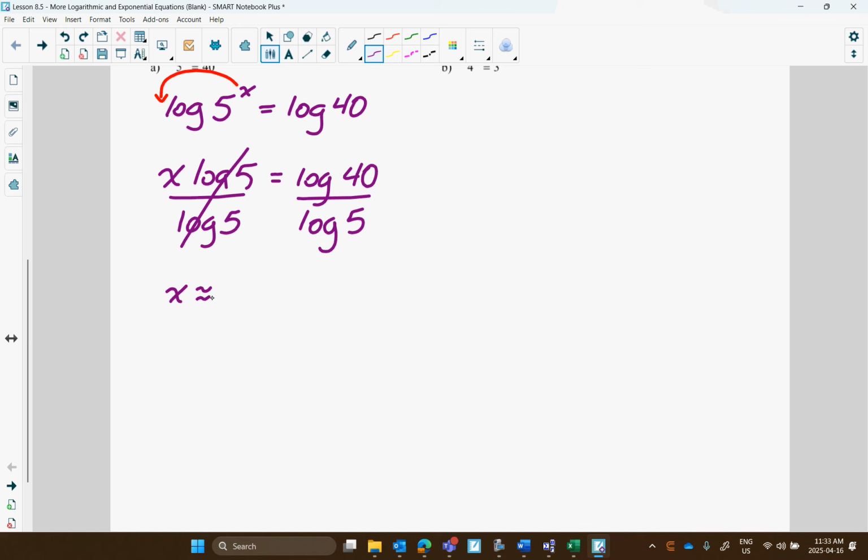You should be familiar with how to use your calculator for logs. When I press log, my calculator automatically opens up parentheses. So I'm going to do log 40, close parentheses, divided by log 5, close those parentheses, and I should get 2.292.